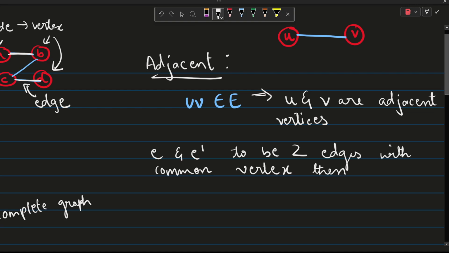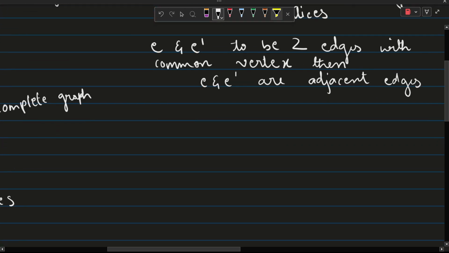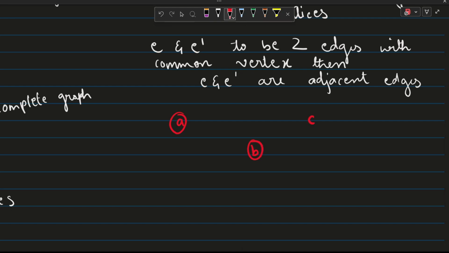Then E and E dash are adjacent edges. For example, A, B, C are three vertices.